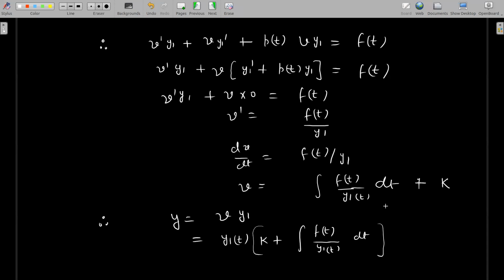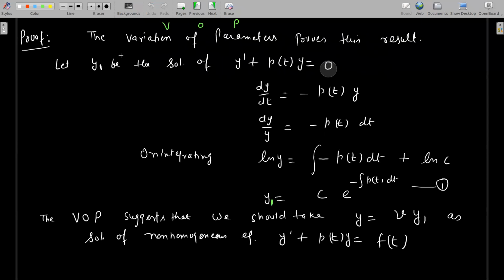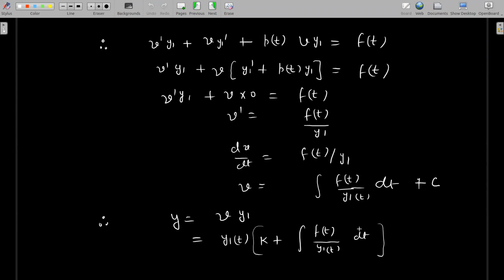You can write constant c or k. We have written in proof this is c, and you can say this is some, so denote this constant as another constant k. Okay. So v y1. So this is the solution of the non-homogeneous one. ये proof था first part.